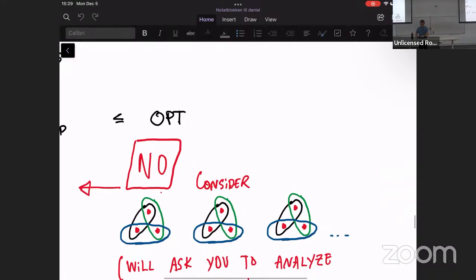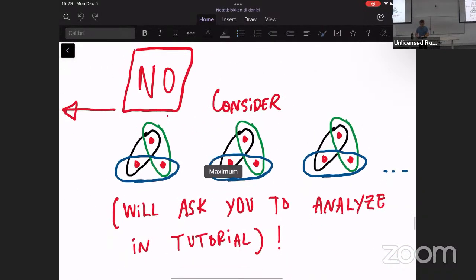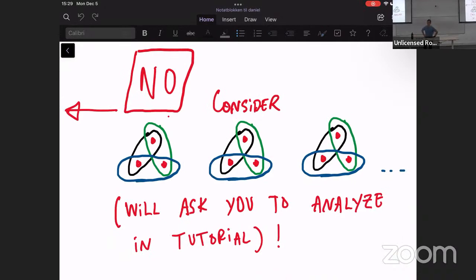So here is an instance, the triangle instance from the vertex cover, and I'll ask you to analyze it in the tutorial. For this particular instance, the optimum solution sets 0.5 on each one of the sets.